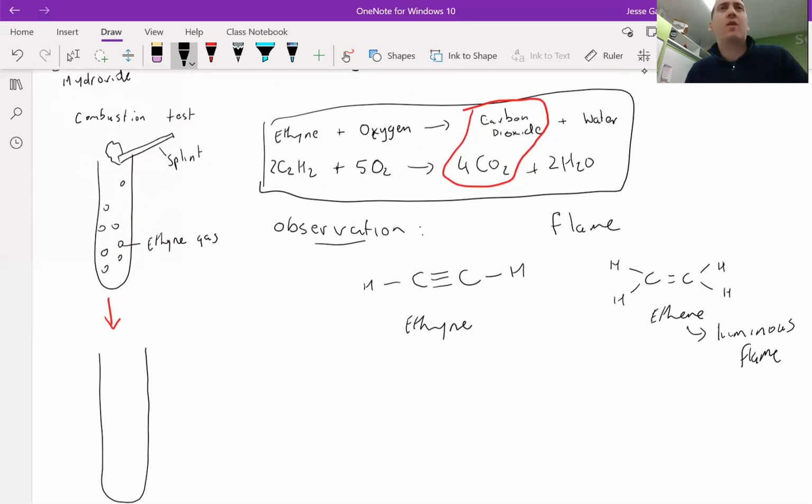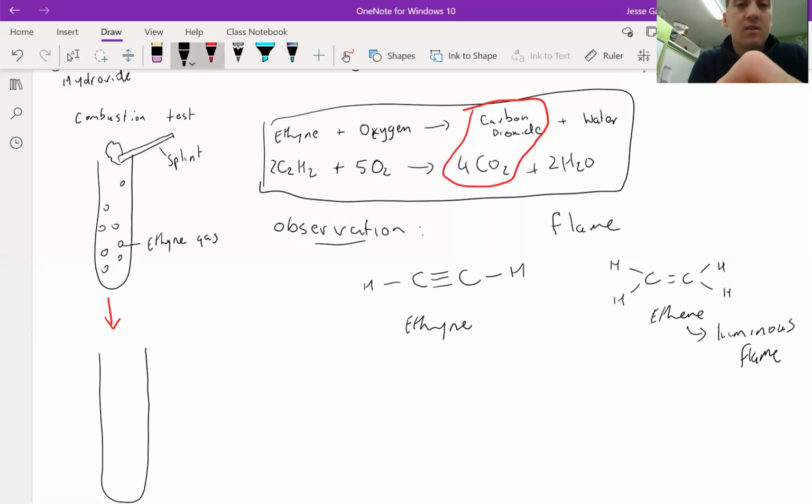I want you to think about when we are at home and we light a fire, what's left on our chimney or around our fireplace afterwards is this black, dusty substance that we call soot. Soot and smoke form when carbons do not burn efficiently. So when carbons remain unburned, you get soot or smoke forming.